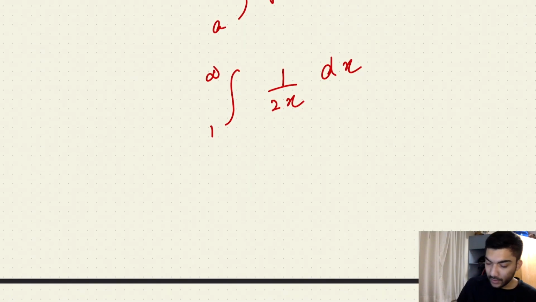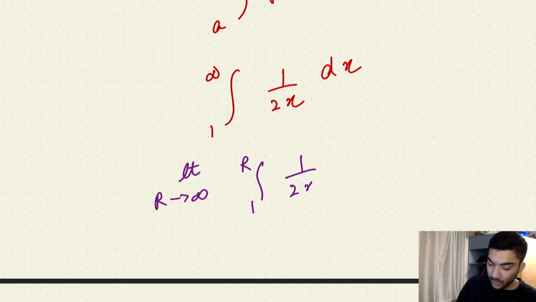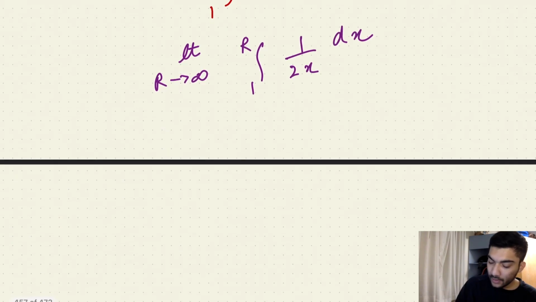So we know that when we try to calculate such improper integrals, what we do is we take the limit as capital R approaches infinity of the integral from 1 to R of 1 by 2x dx, and then you know that you can take the constant out. So let's take the 1 by 2 constant out of the limit.